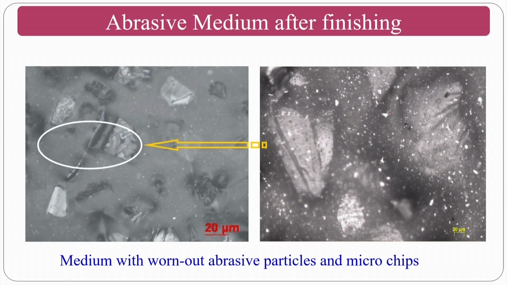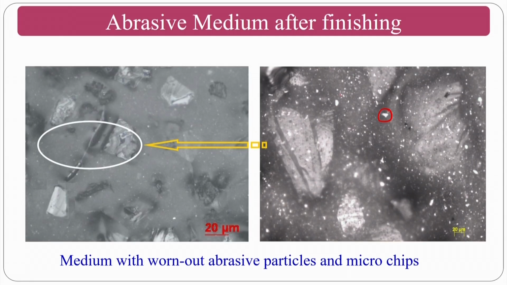Once the medium's weight gains 10% of its own weight, that means if it is 1 kg, that is 1000 grams, and after a few experiments you measure 1100 grams, then you have to discard the medium.